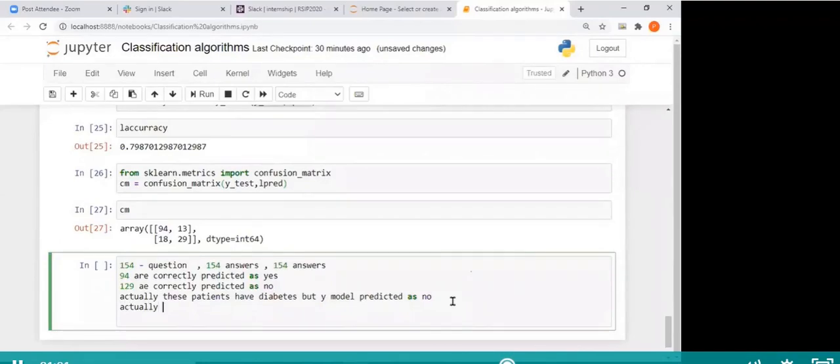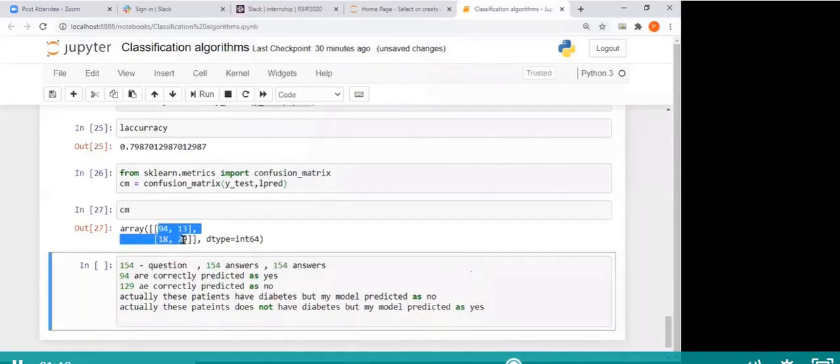Actually these patients do not have diabetes, but my model predicted yes.